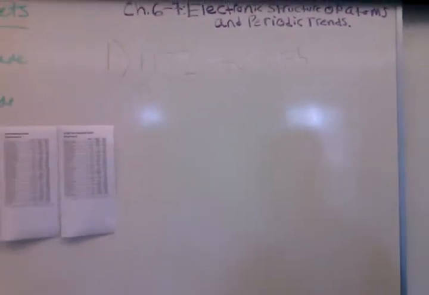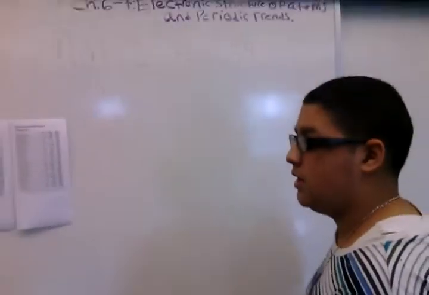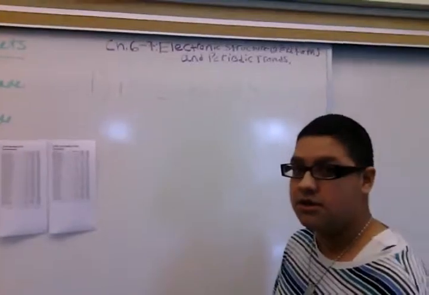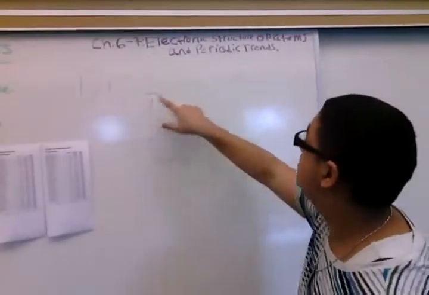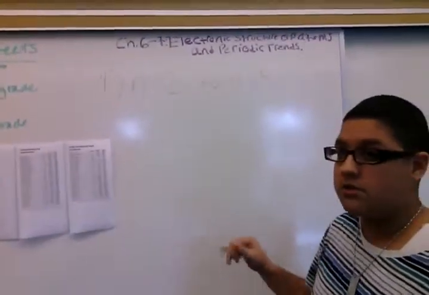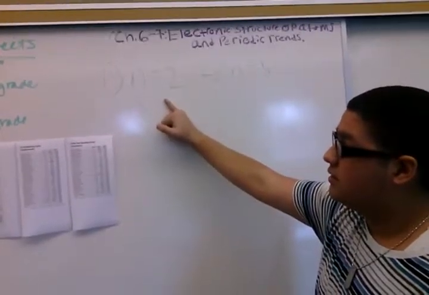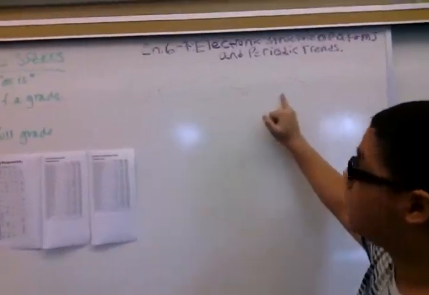Now we have to determine if this is going to either absorb energy or exert energy when it goes from n equals 2 to n equals 5, which is going from a lower level to a higher one.